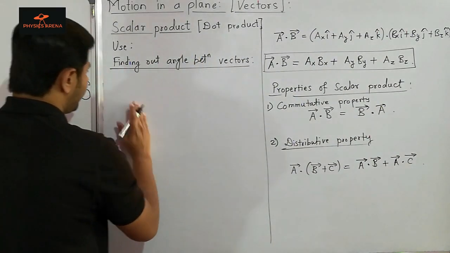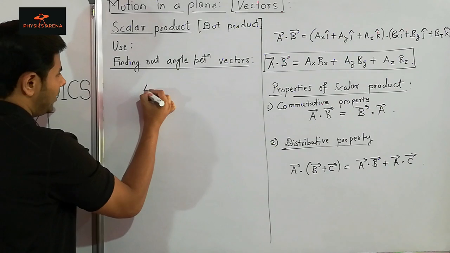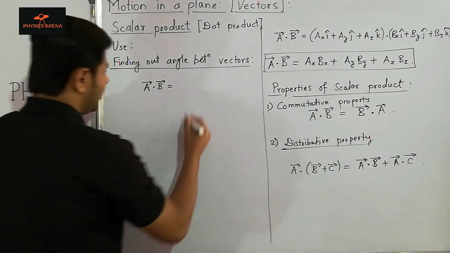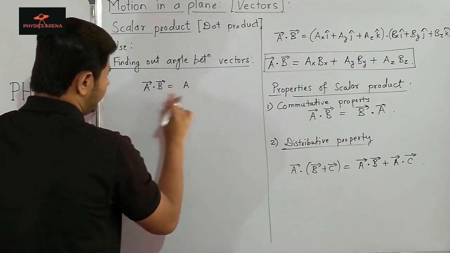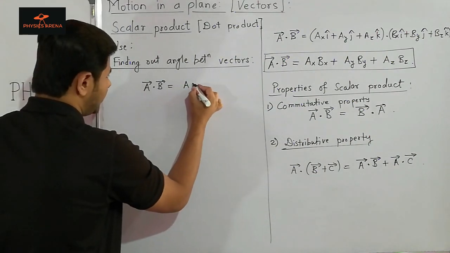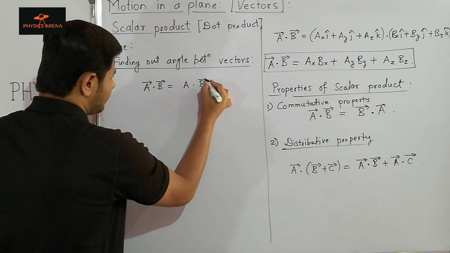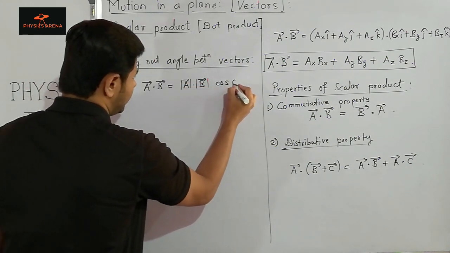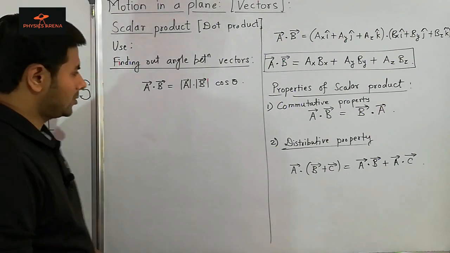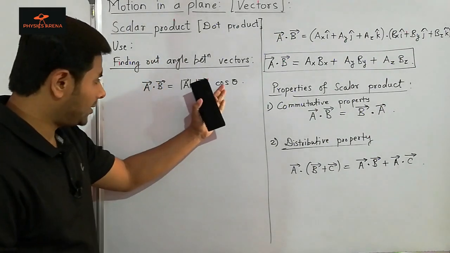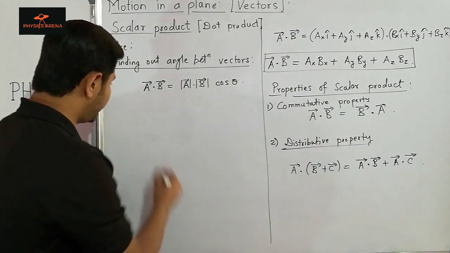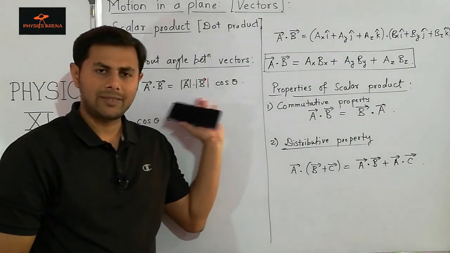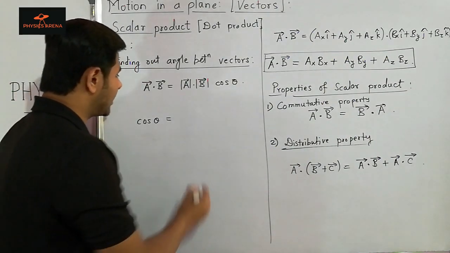So let us see. We know that a bar dot b bar is equal to the magnitude of A into magnitude of B into cosine of the angle between two vectors. So what will be cosine of theta? It is just a bar dot b bar divided by the multiplication of magnitudes.